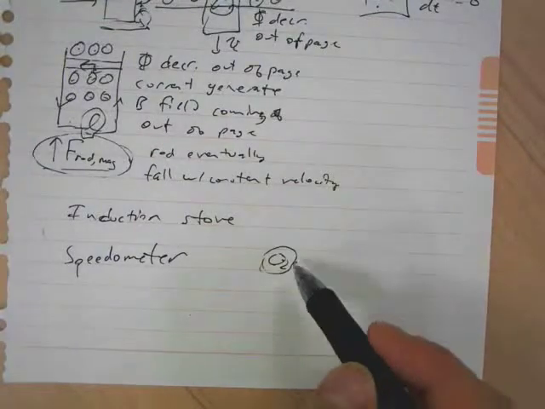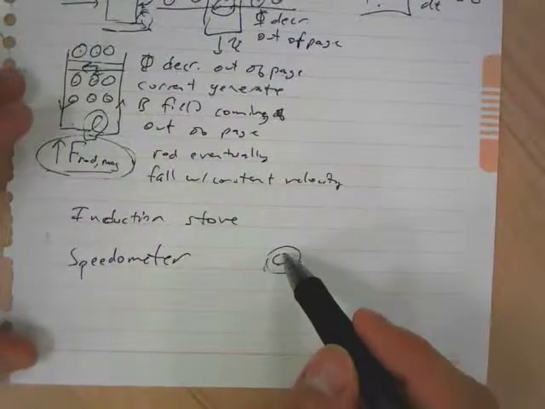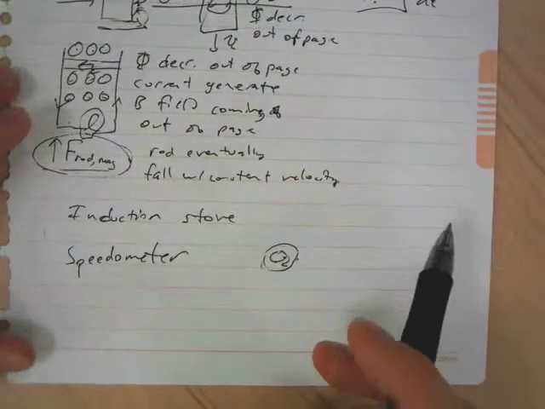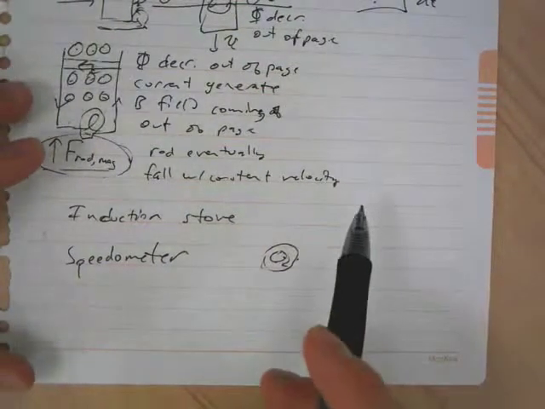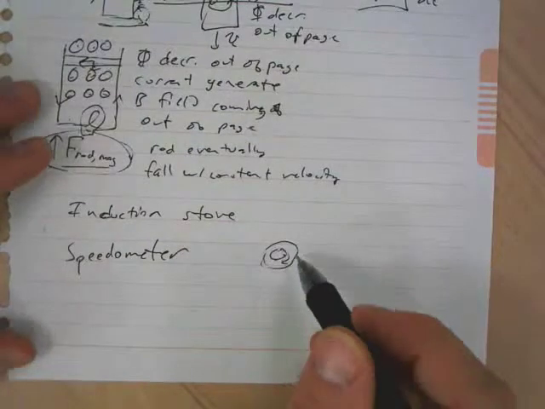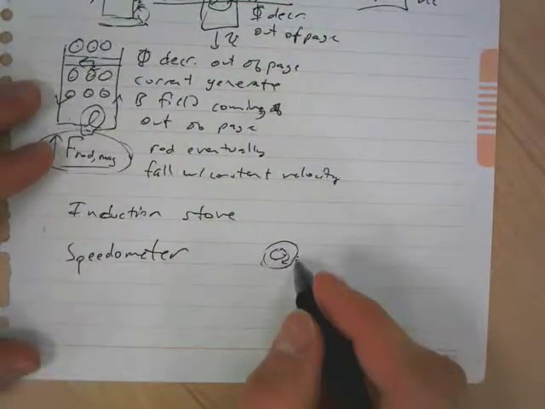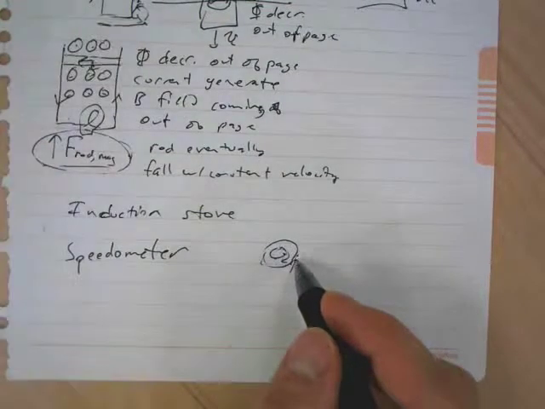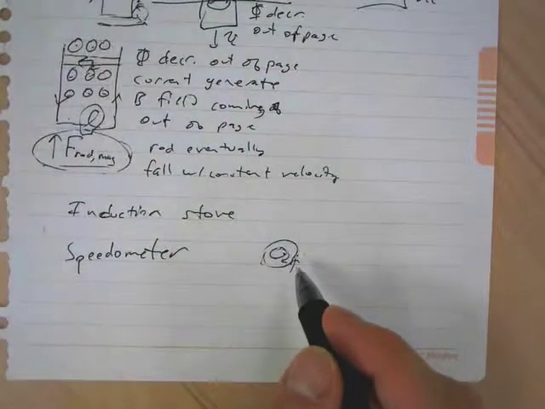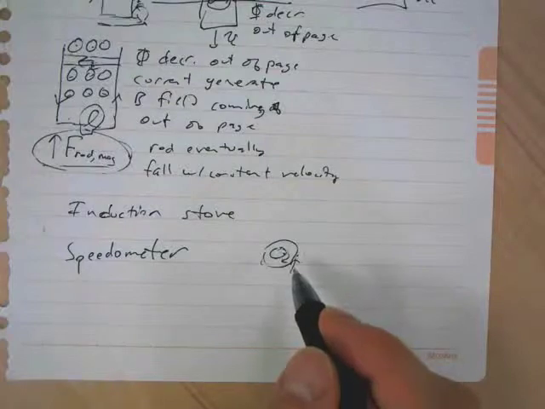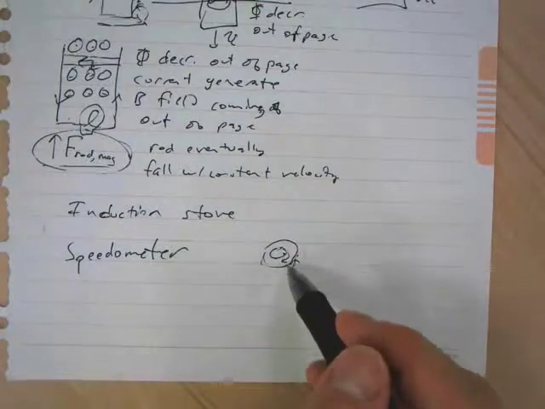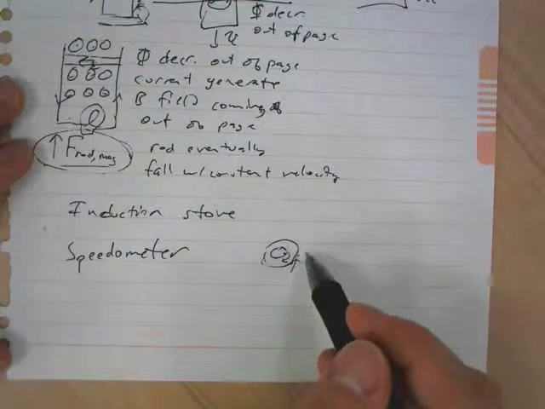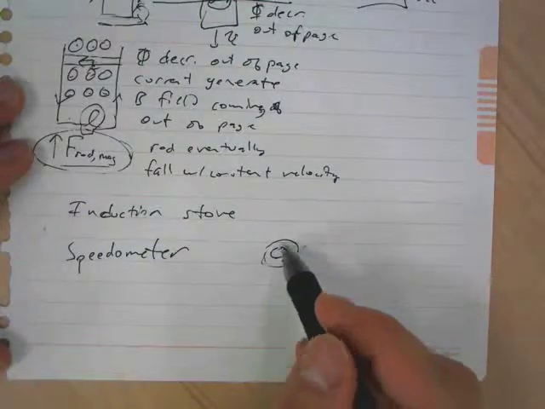That current opposes the change in flux, and so it tends to oppose the motion of this little magnetic thingo. And there's a spring attached to the cup, and so the cup will rotate because there's this magnetic force being generated on it, as it creates a current that counteracts the rotation of this magnet.